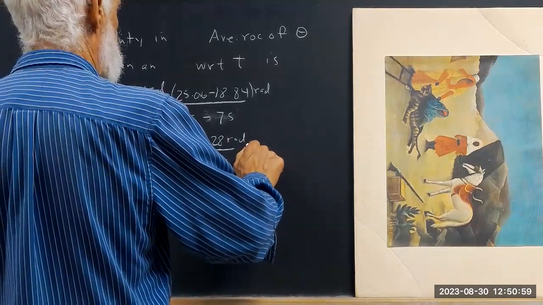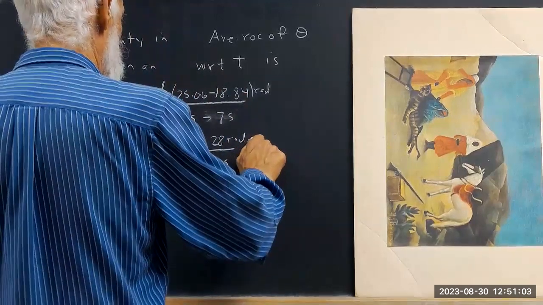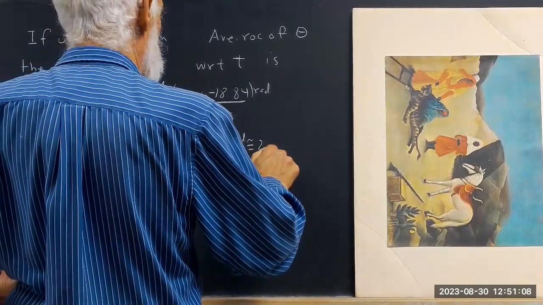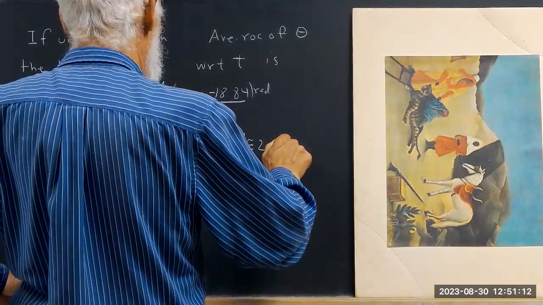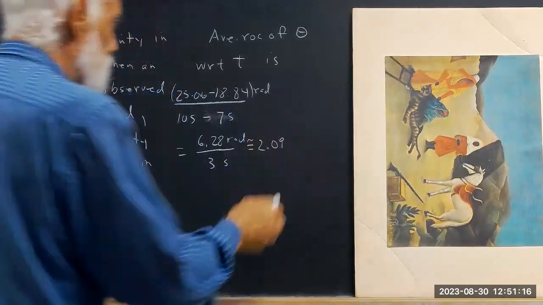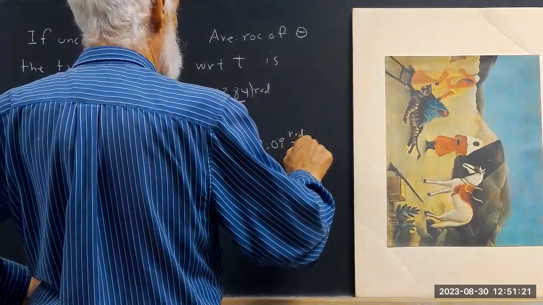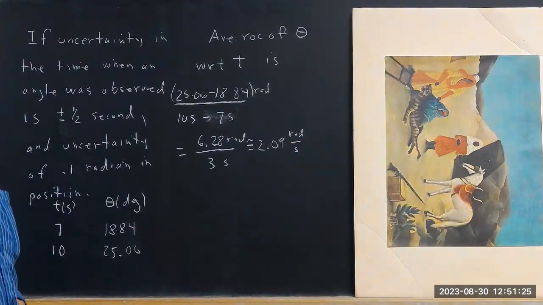Okay, well, I'll just approximate it through significant figures, that equals 2.09, and it rounds off to 2.09 radians per second. That makes sense?